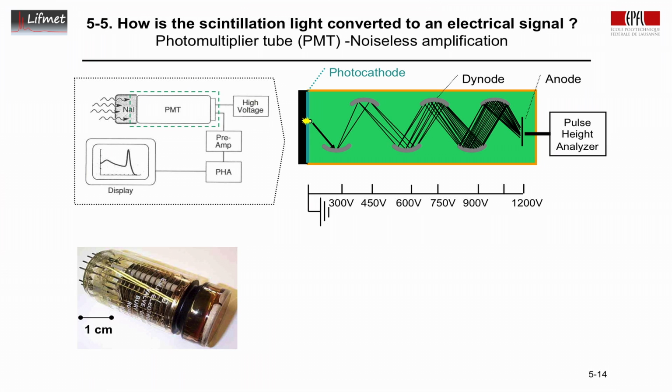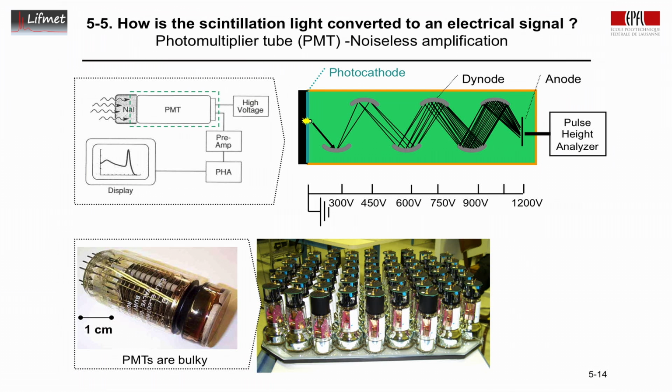We want to have images with a spatial resolution typically on the order of millimeters, but the units that detect our signal have dimensions on the order of an inch, 2 centimeters, so salt shaker size. So they are bulky, they're not adapted to the resolution that we would like. To give you an idea what this looks like, here we have such a detector board. Here's the scintillation crystal, here's the waveguide, and here are all these photomultiplier tubes. Looks like a happy family of salt shakers, doesn't it?